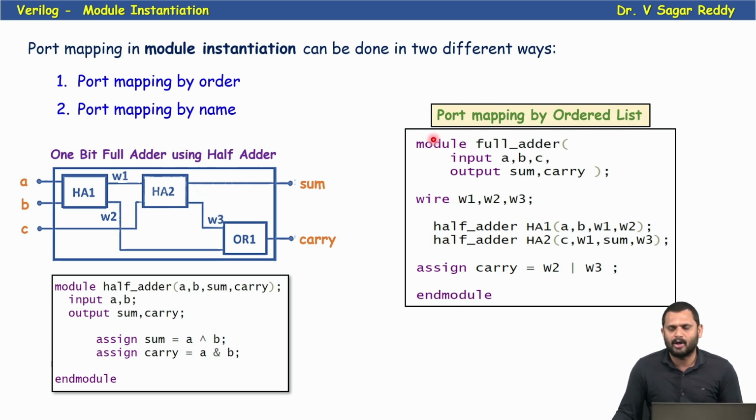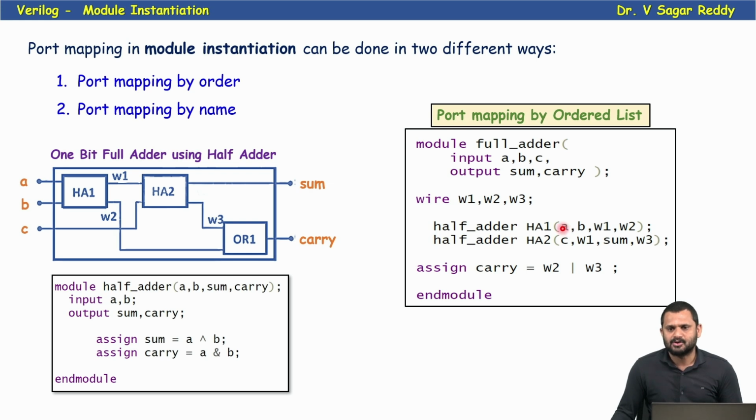Now same here, module name full adder, inputs a comma b comma c, and outputs sum comma carry. So you just declare those a, b, c as inputs, and sum, carry as outputs. We need some intermediate signals, internal signals, where we declare wire w1, w2, w3. Now we are instantiating the half adder by using the module name, and we are providing an instance name, half adder 1.